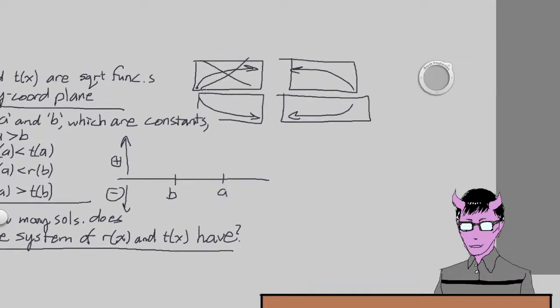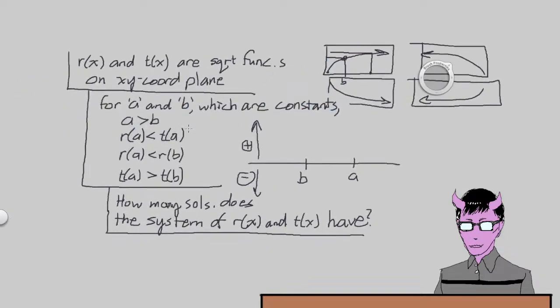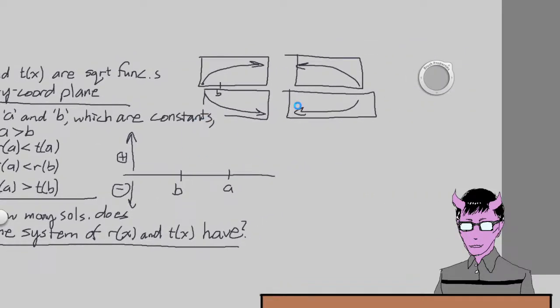So it can't be this one, and it cannot be this one, right? Because if the b value is here, it leads to a y value up there, and then if we have the a value here, it leads to a higher y value, which is not what this is saying. It's saying that the later y value is less than the earlier y value. So again, it's a declining function.